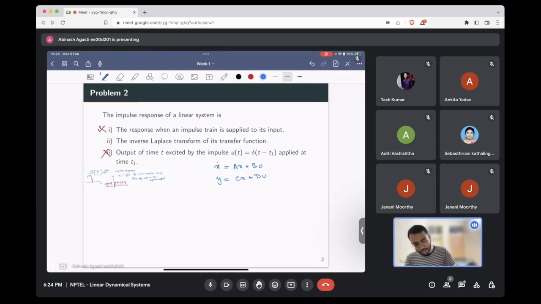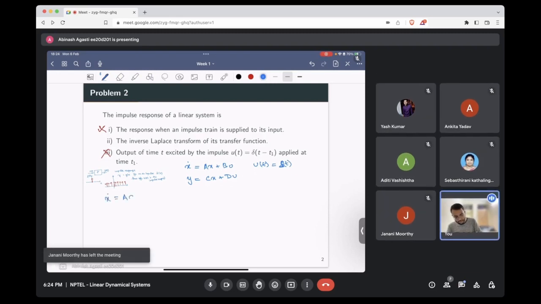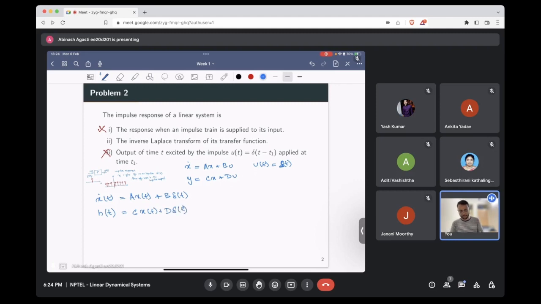And we put u of t equal to del of t. So we have x dot of t equal to ax of t plus b del of t, and y we will take as h for the impulse input, so h of t equals cx of t plus d del of t, right?